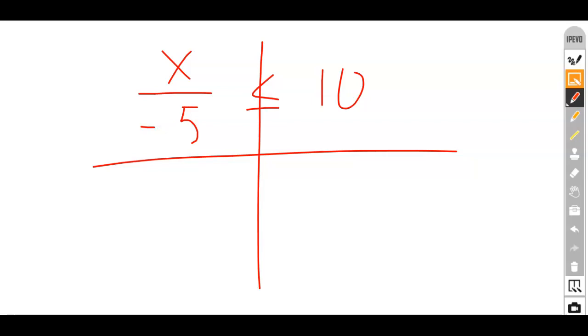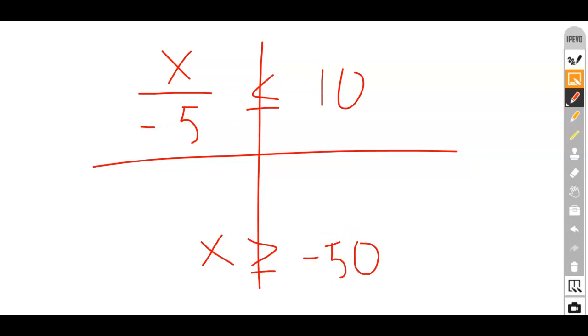Okay, we got answers. No, what you got? X is greater than or equals to -50.